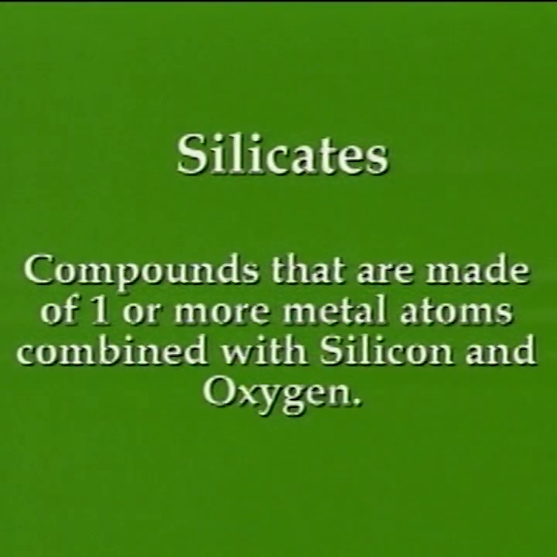Silicates are compounds that are made of one or more metal atoms combined with silicon and oxygen. The silicon is invariably surrounded by 4 oxygen atoms, and that makes the silicate anion. There are other common ions, other common compounds in nature, sulfates and phosphates and borates and other sorts of things that we look at.